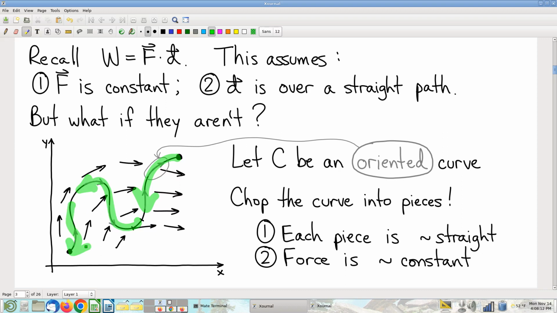Going up the hill takes a positive amount of work. Going down the hill, easier. In fact, it takes technically a negative amount of work, right? And we talked about the idea of negative work. So how do you tell? I mean, if the question is, hey, I'd like to compute the work, I need to know, well, which way are you going along the curve?